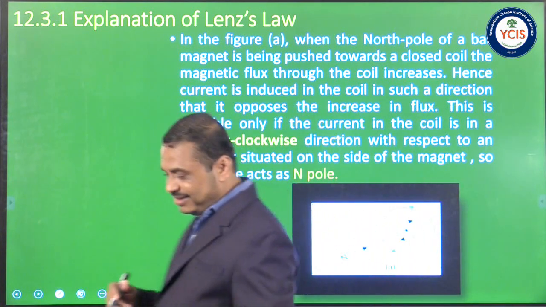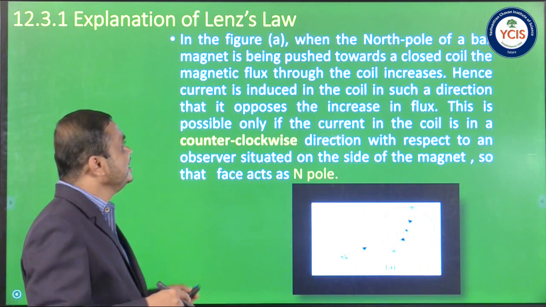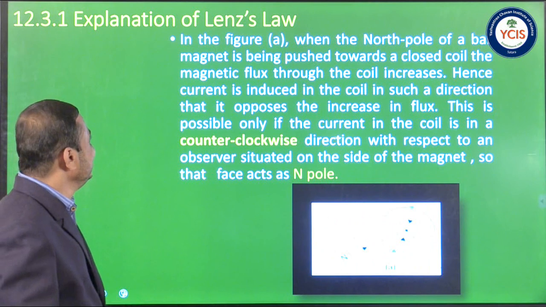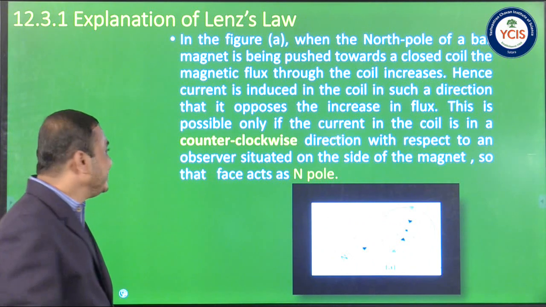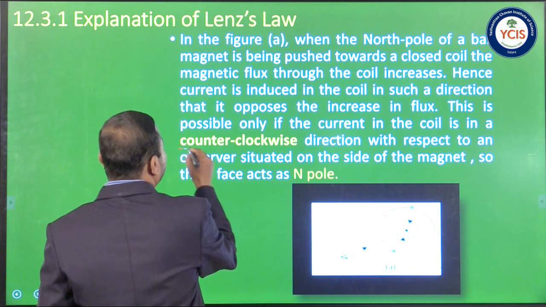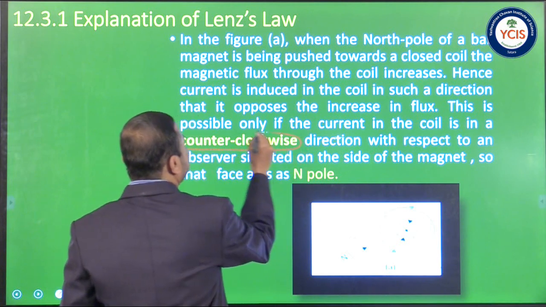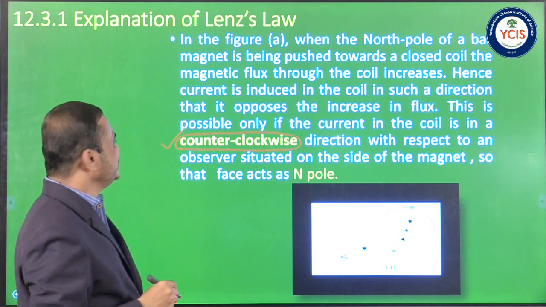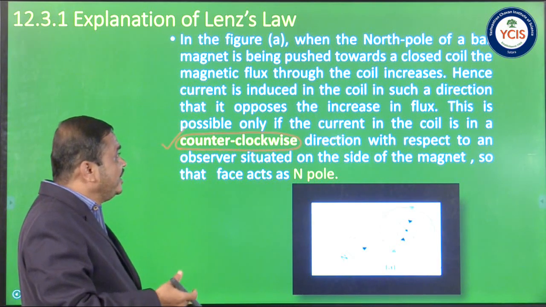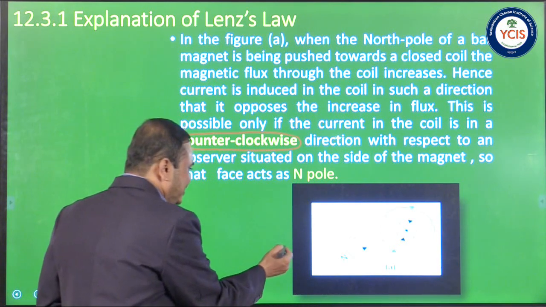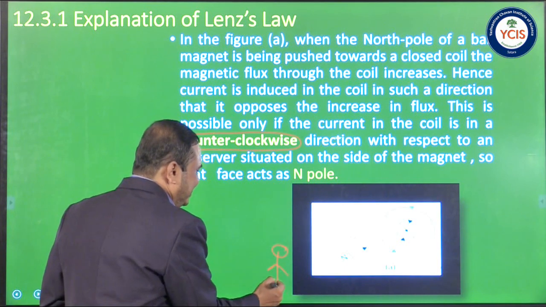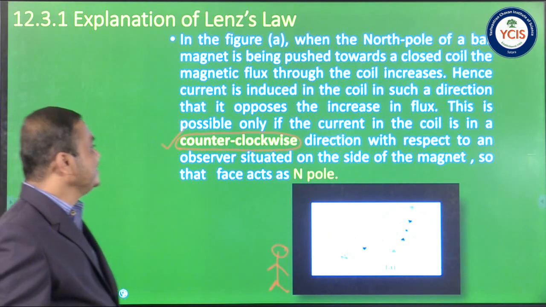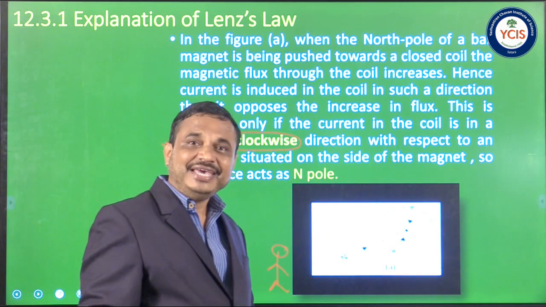Then EMF or current is induced in that coil in such a direction that it opposes the increasing flux. This is possible only when the current is anticlockwise or counterclockwise. With respect to an observer situated on the side of the magnet, suppose here is the observer, this current is in an anticlockwise sense, so that the face of that coil acts as an N pole.